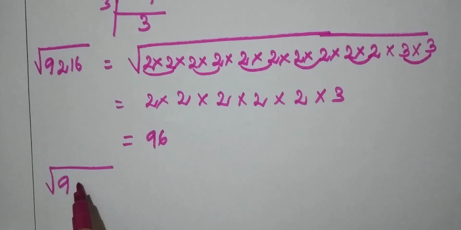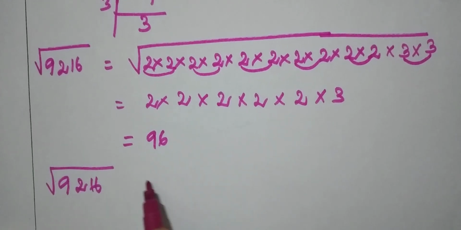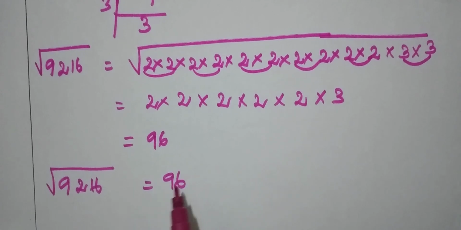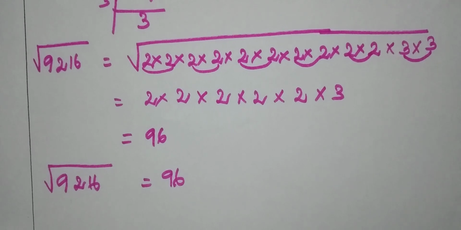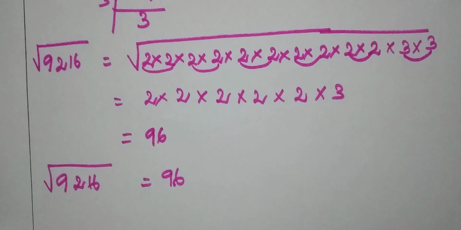Root 9216 is equal to 96. Is it clear, children? Yes. Thank you.